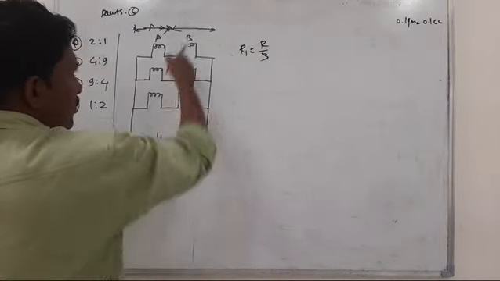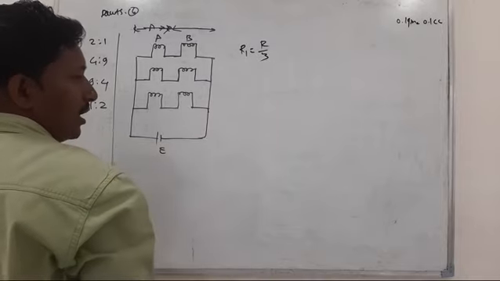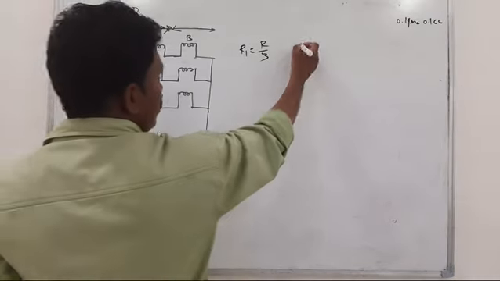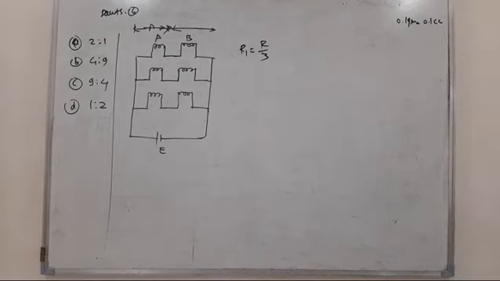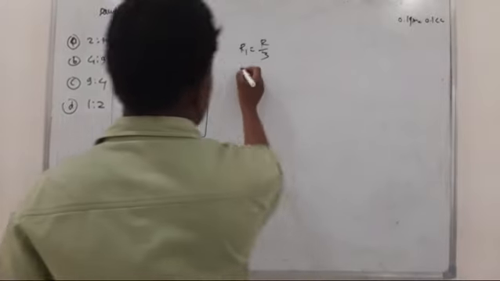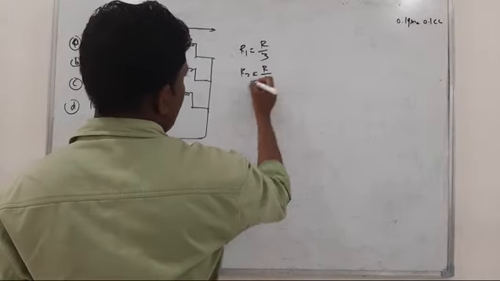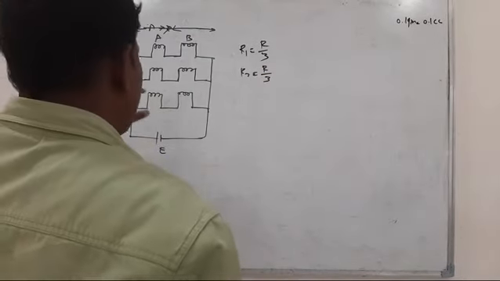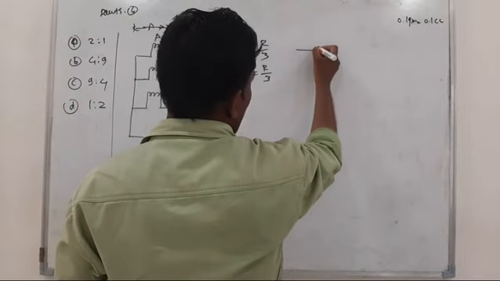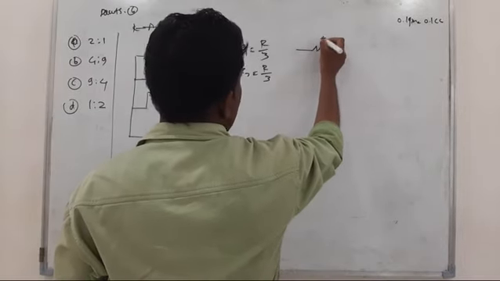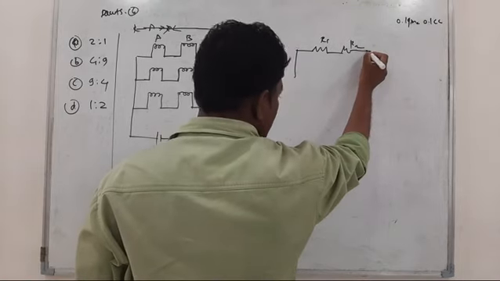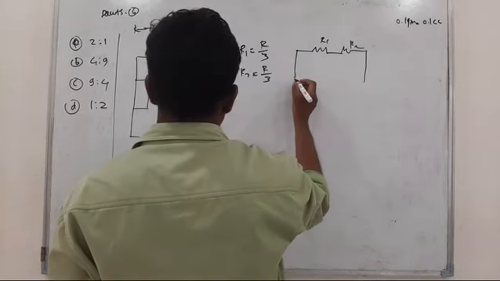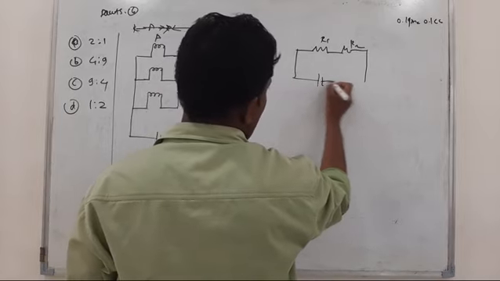These other 3 bulbs are arranged in parallel, and this second equivalent resistance R2 is again R by 3. These two, R1 and R2, are arranged in series combination.